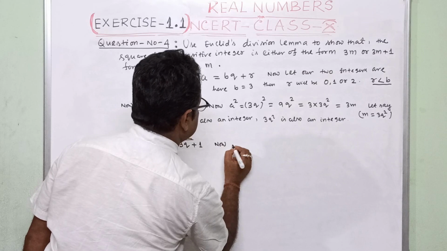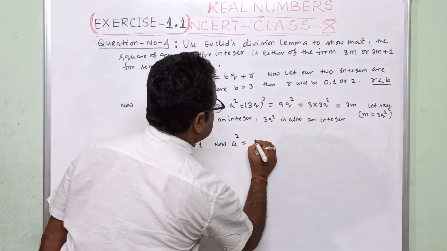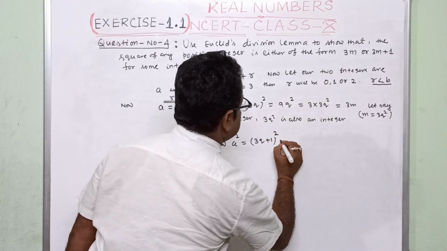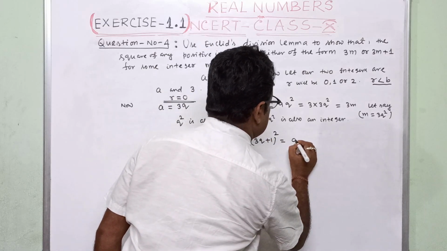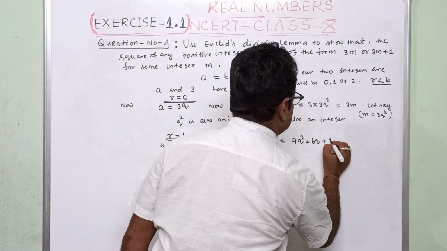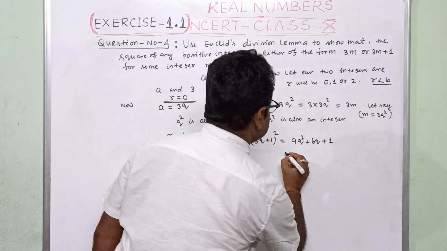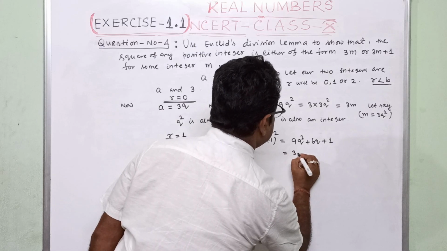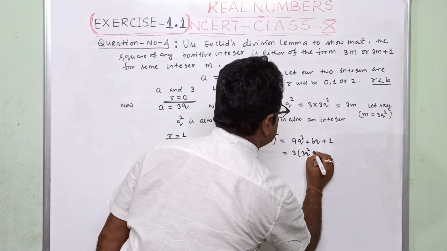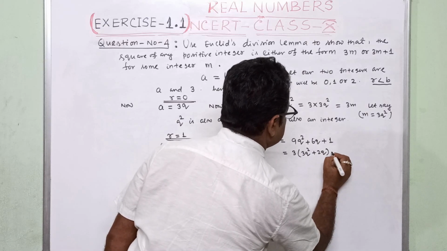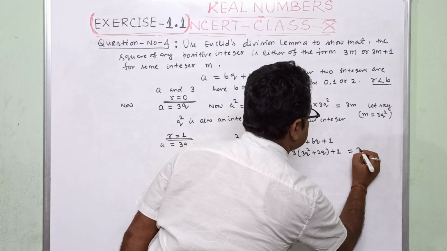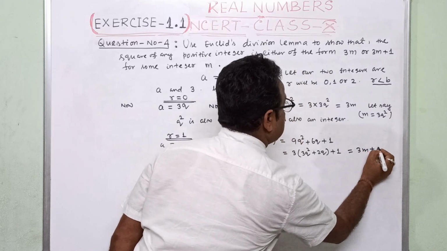Now a square is equal to 3q plus 1 whole square, which is equal to 9q square plus 6q plus 1. That is equal to 3 taking common, 3q square plus 2q, plus 1. So that is equal to 3m plus 1.